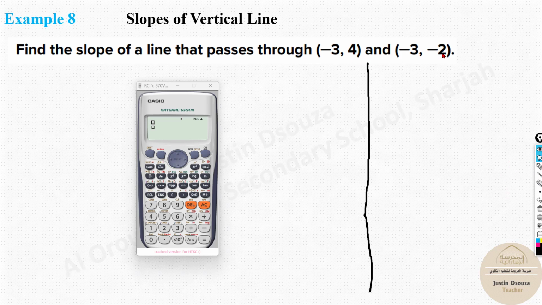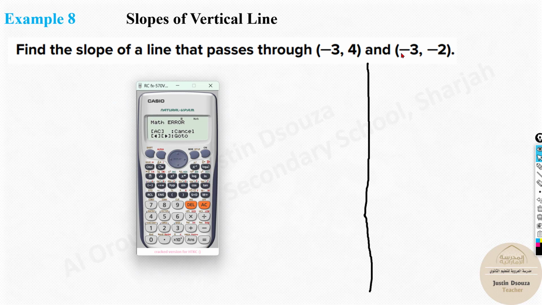Now the same thing's going to happen over here. y2, that is negative 2, minus y1, which is 4, divided by x2 minus x1, minus 3 minus minus 3 again. Now you can see in the denominator it is basically minus 3 plus 3, it's 0. So you'll get a math error.